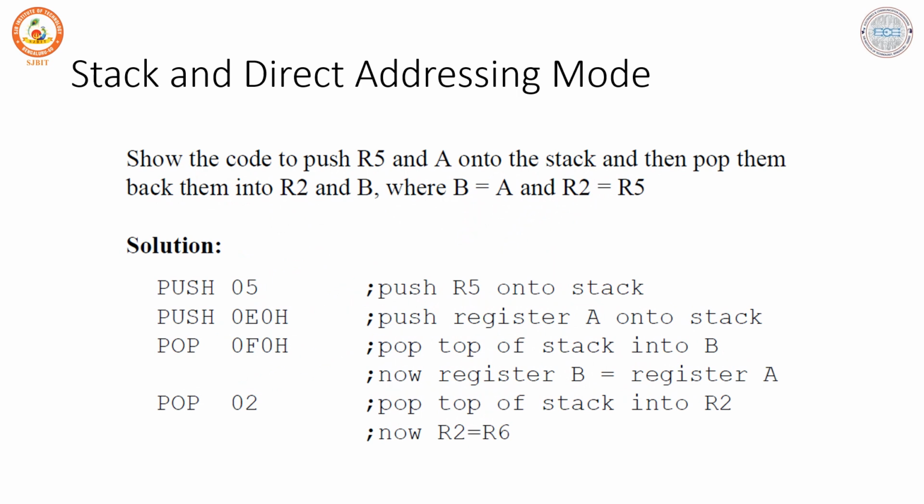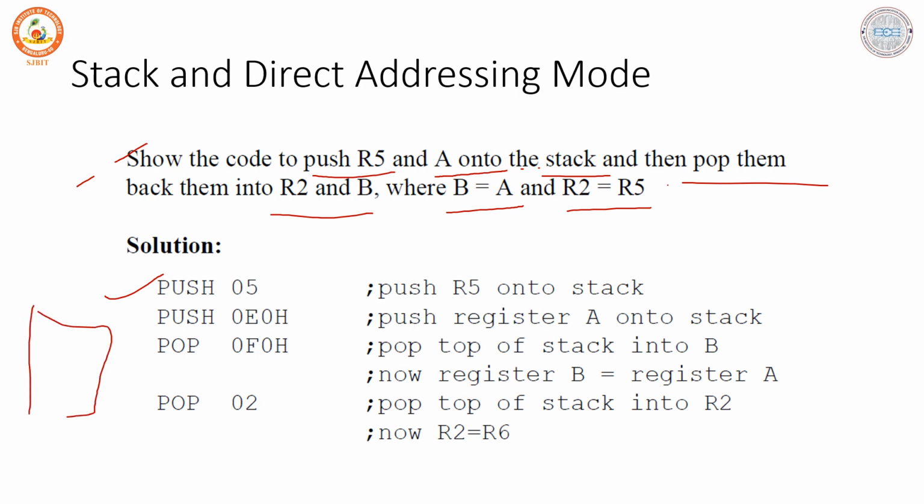So here we have an example of stack and direct addressing mode, and we are showing the code for pushing the R5 content and A onto the stack, then popping them back to some other registers, R2 and B, where B becomes equal to A and R2 becomes equal to R5. Initially we push the content of address location 5 to the stack memory.